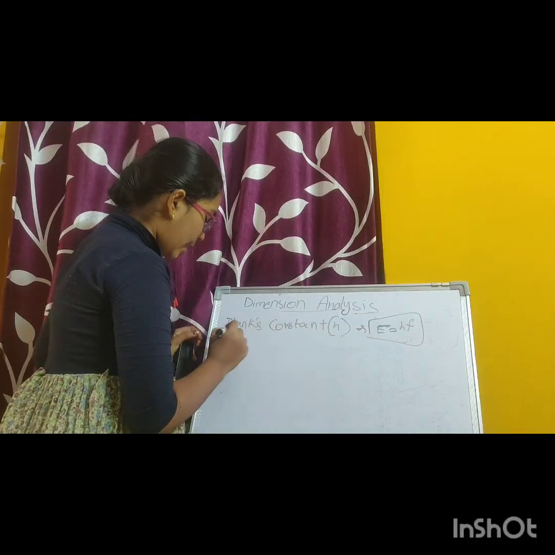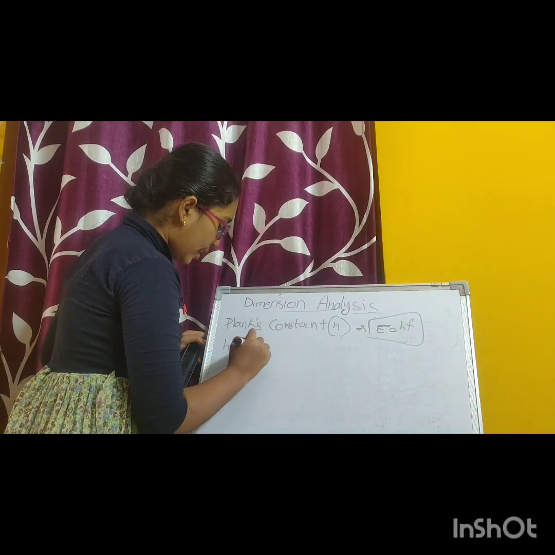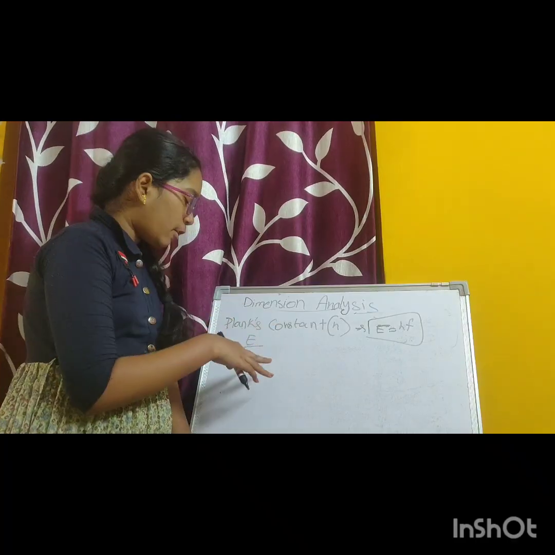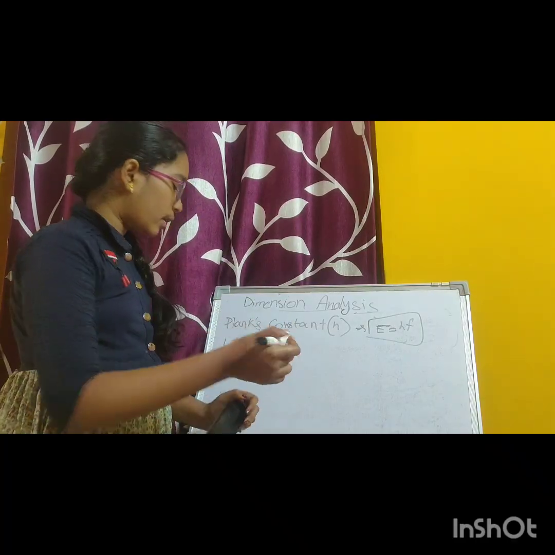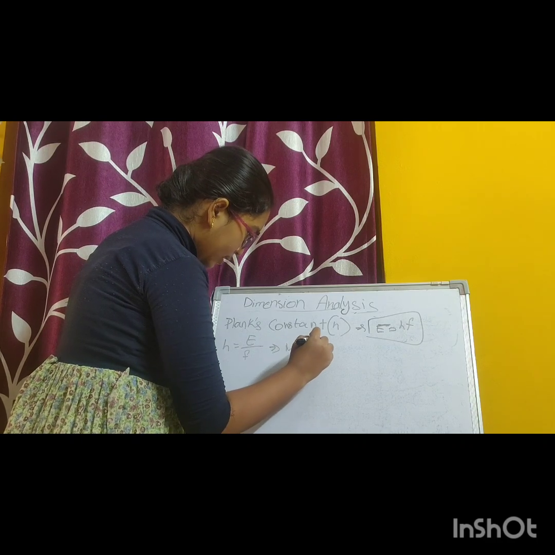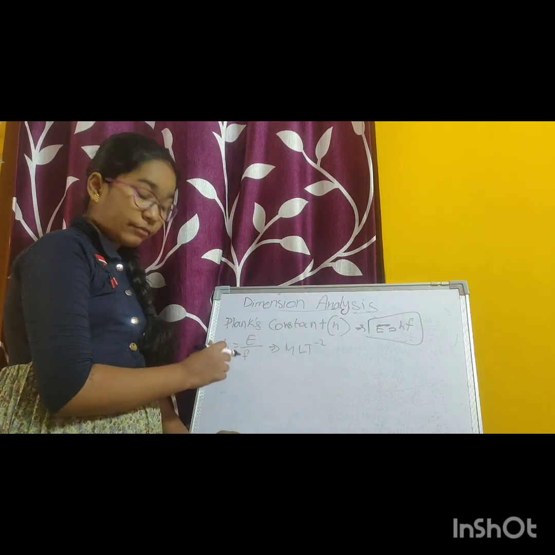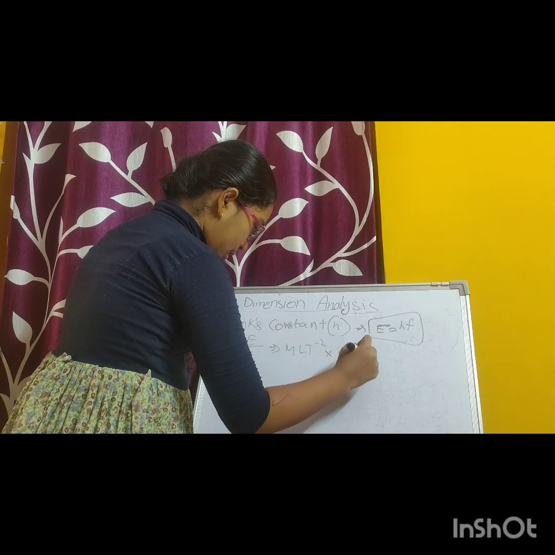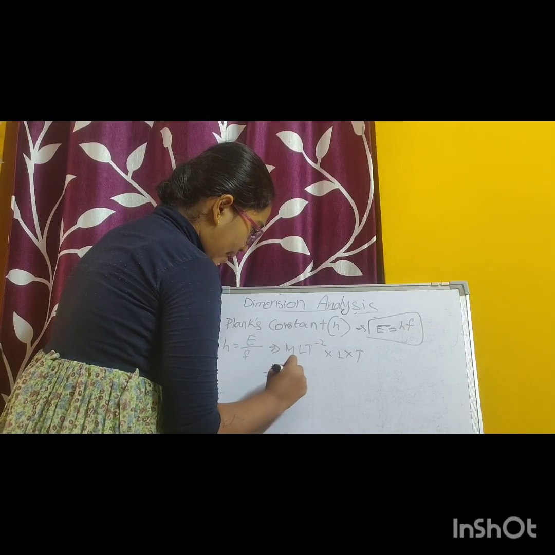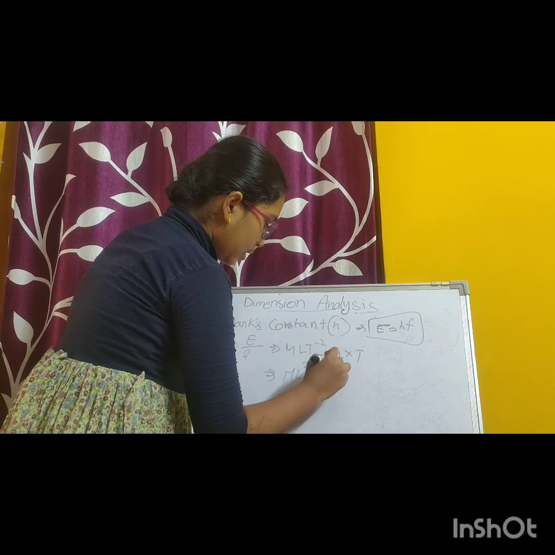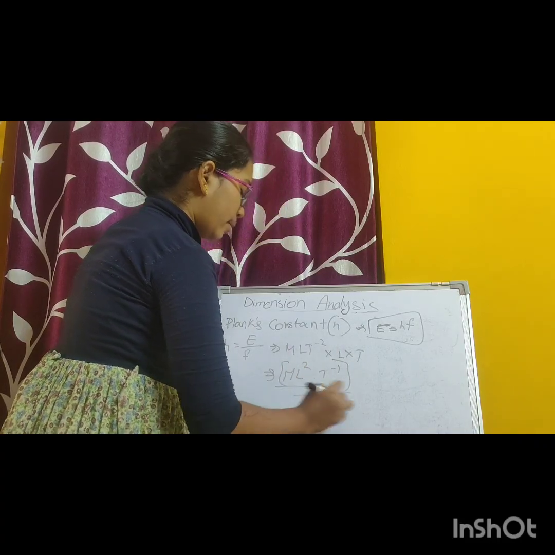So h is equal to energy by frequency. We know the dimensional formula of energy, which is the same as force and work, M L square T power minus 2, and for frequency it's 1 by T. So it will be M L square T power minus 1. This is the dimensional formula of Planck's constant.